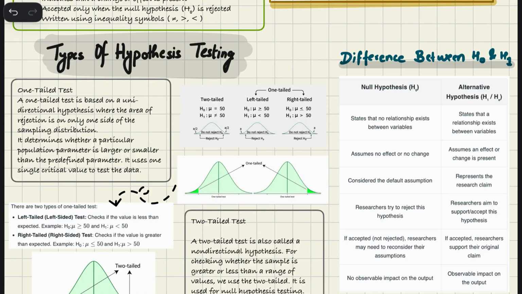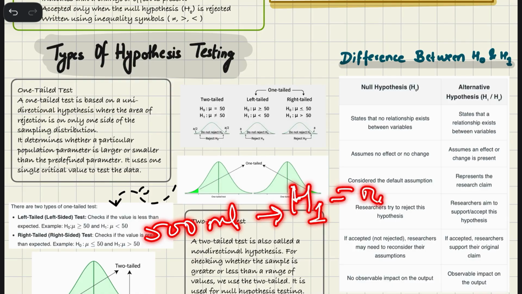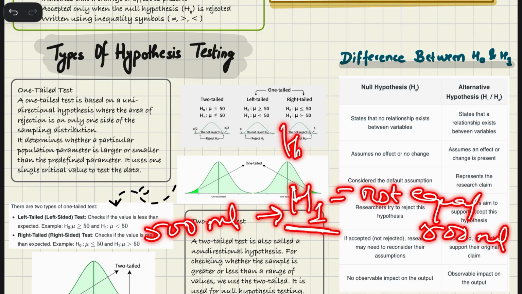For example, if you are testing if a machine pours exactly 500 ml of soda, your alternative hypothesis would be that the volume is not equal to 500 ml. Null would be that it is exactly 500 ml, so opposing would be not equal to.